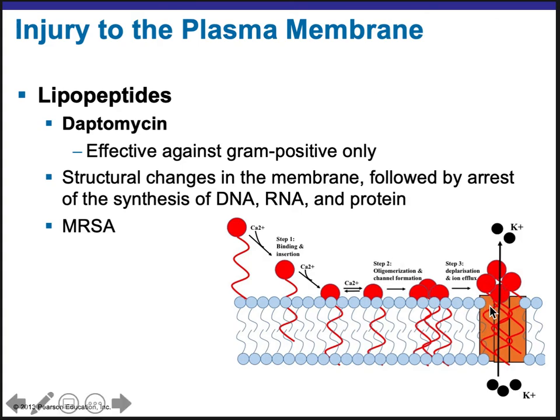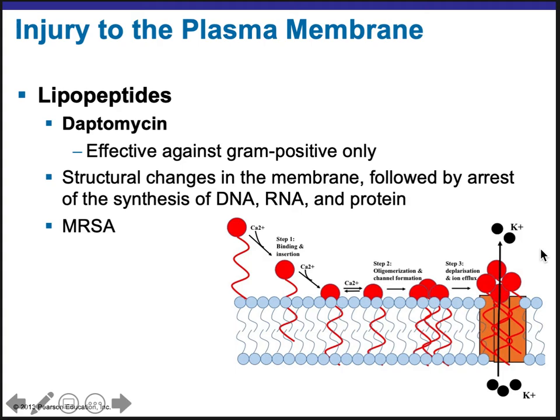So here you see that it's opened up space between the lipids. So now there's a hole, and you can see this exchange where you normally keep a very high concentration of potassium inside the cell, but it allows it to leak out.